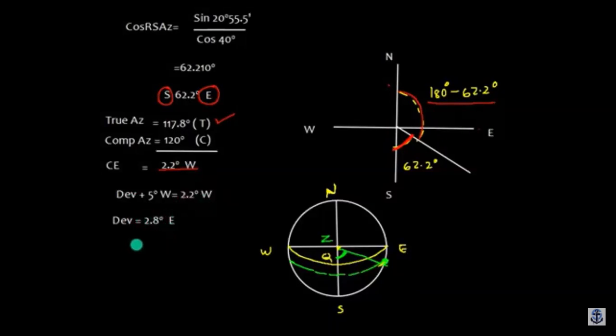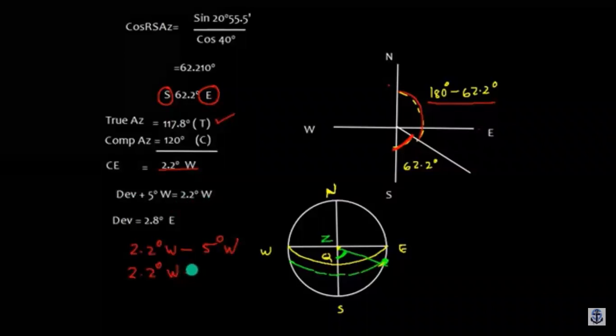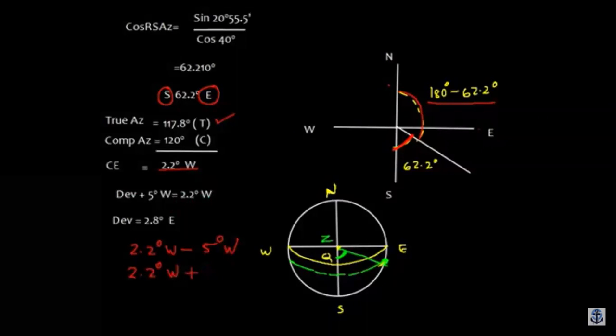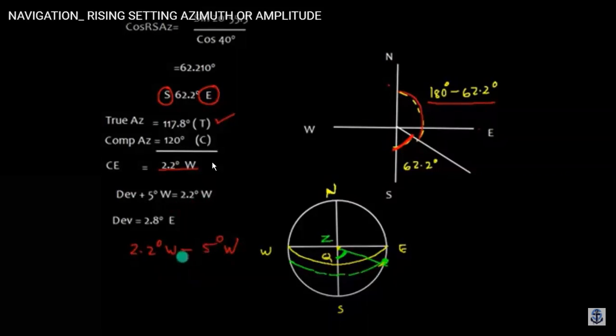We can also make this a rational horizon diagram, putting east, west, north, south, zenith, equator, our latitude, the body, and the azimuth angle 62.2.